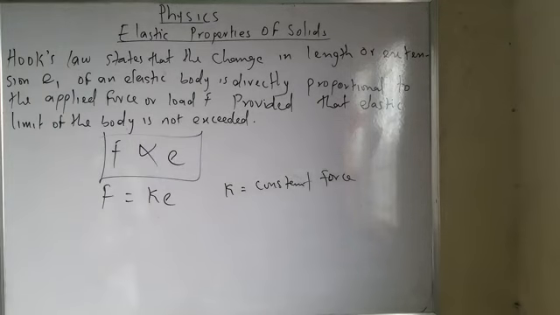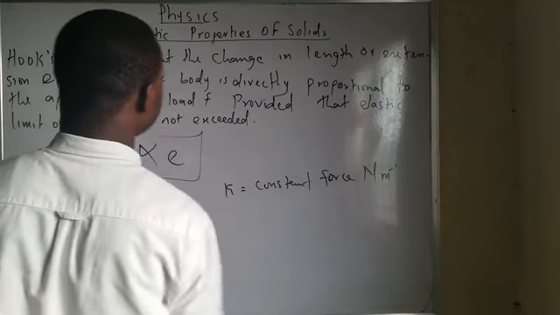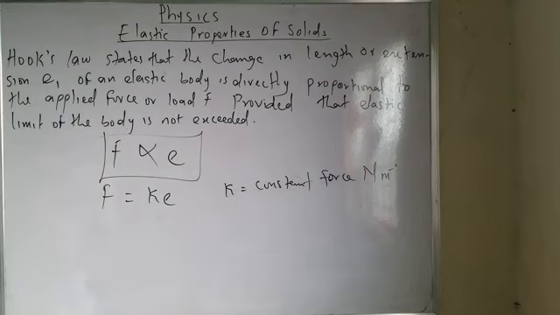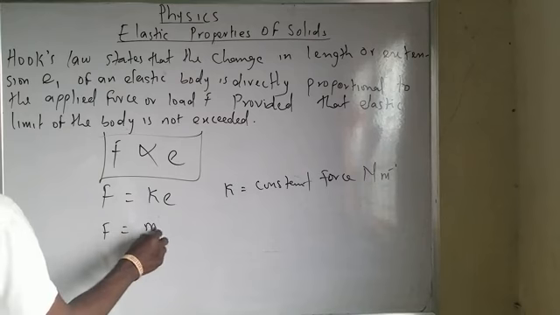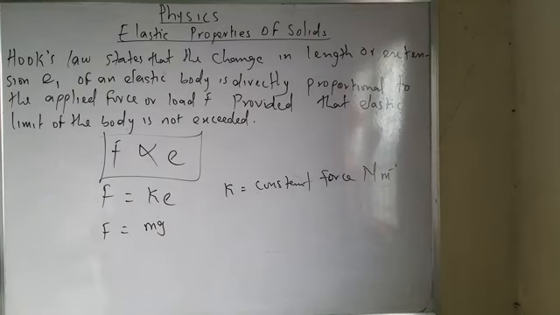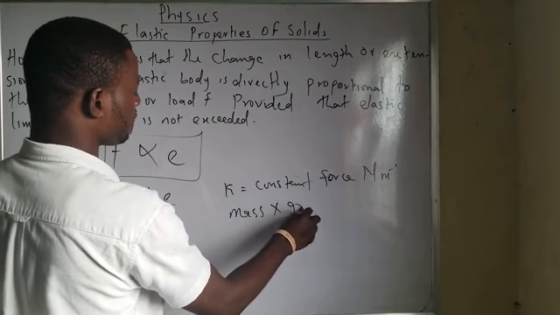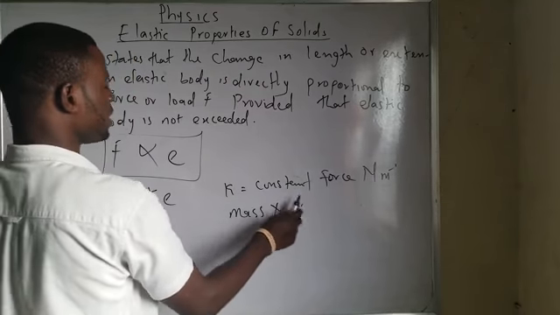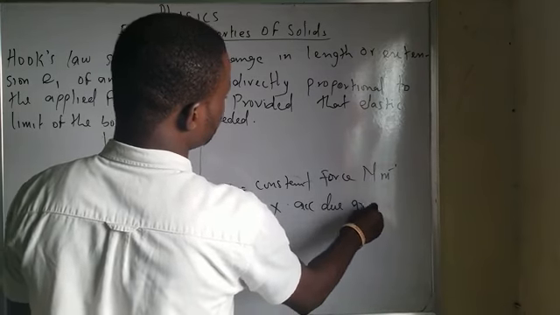Constant force is very important, which we know what force is. F is equal to mg, which is mass multiplied by gravity, the acceleration due to gravity.